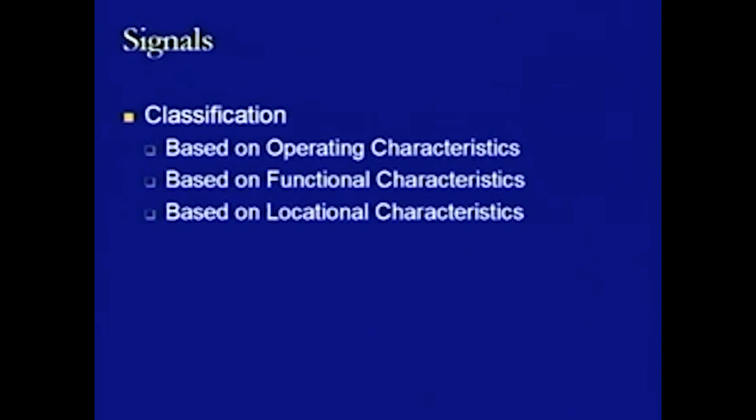Apart from these three, there are some signals which have special characteristics, and on that basis they are classified in the fourth category. We will look at all these four categories one by one, and then whatever types of signals come within those categories, or can be subcategorized, will be looked at and discussed.